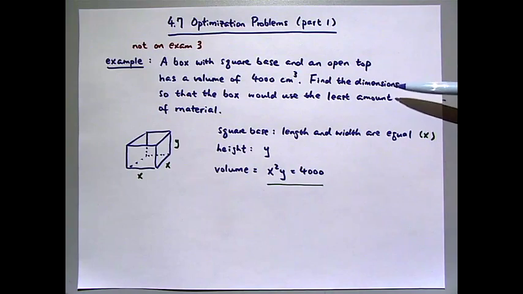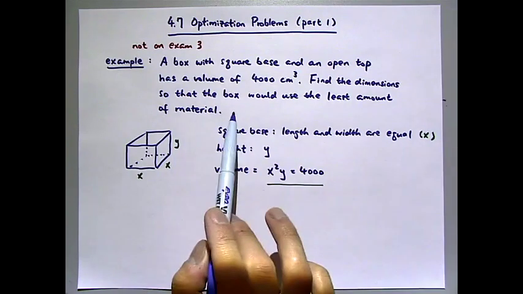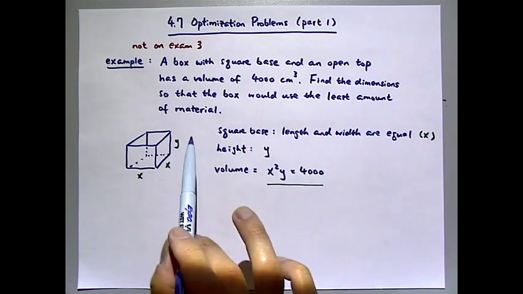Now let's look at the second statement. This is what we have to do: find the dimensions so that the box would use the least amount of material.